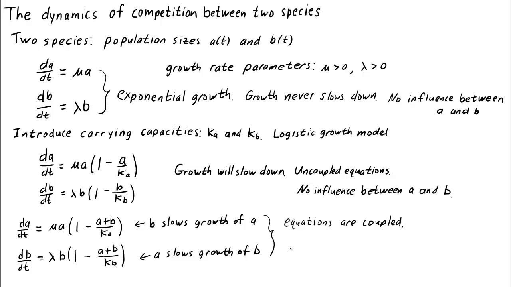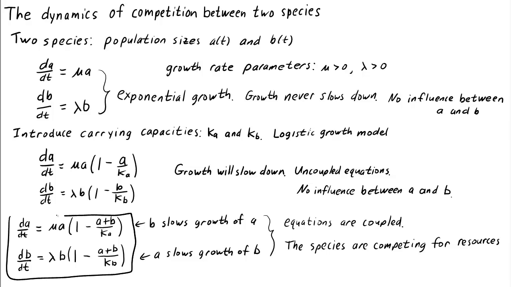In this model, the two species slow down each other's growth by using up the carrying capacity. In this way, the species are competing for resources. We have formulated a model for competition.